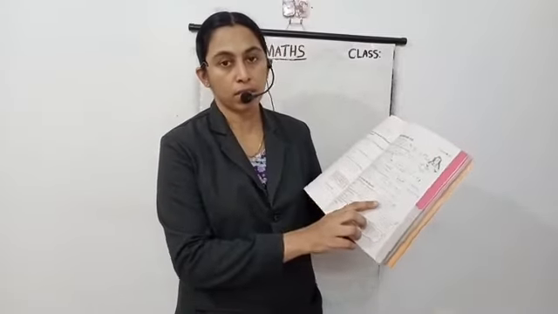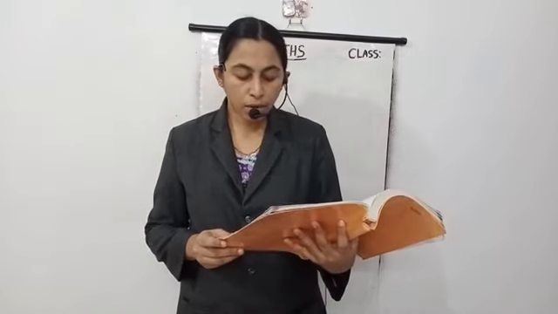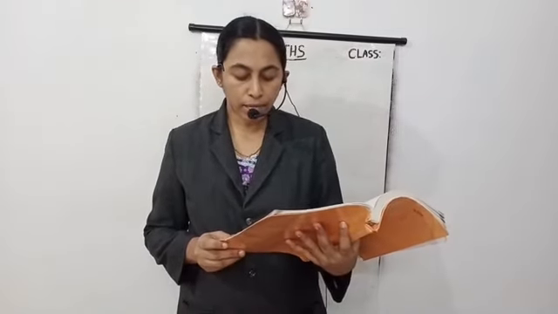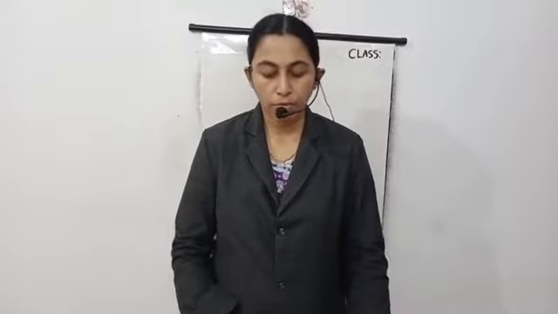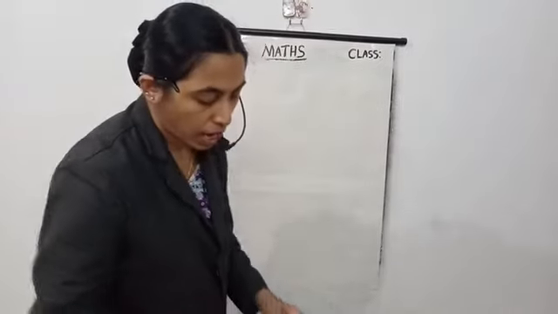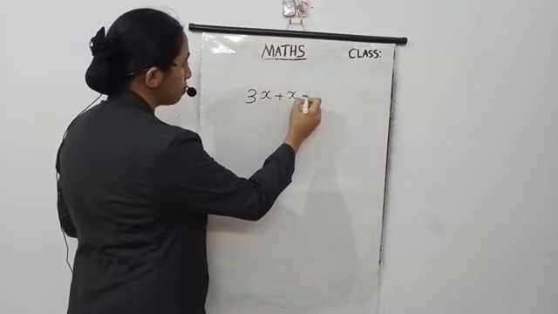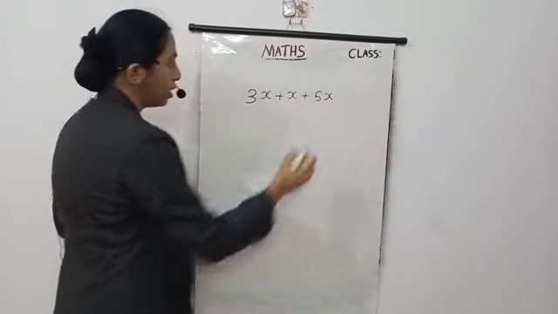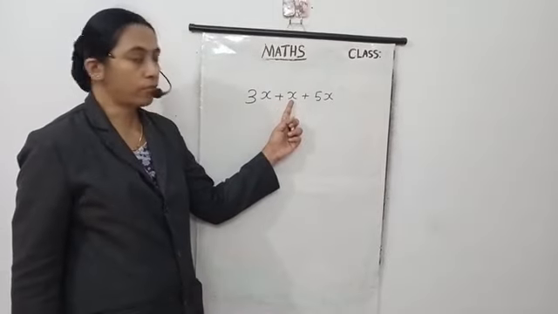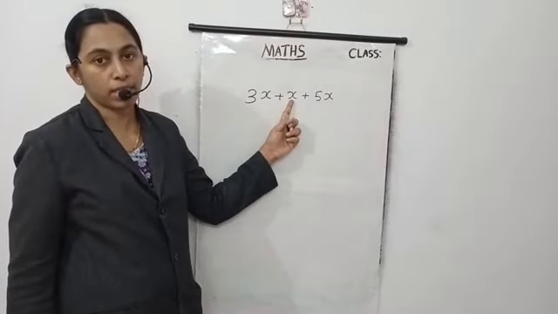First is this circled portion. Coefficient 1 of a term is usually not shown, but while adding like terms, we include it in the sum. For example, if we add 3x plus x plus 5x, here the coefficient of this x is 1, isn't it?